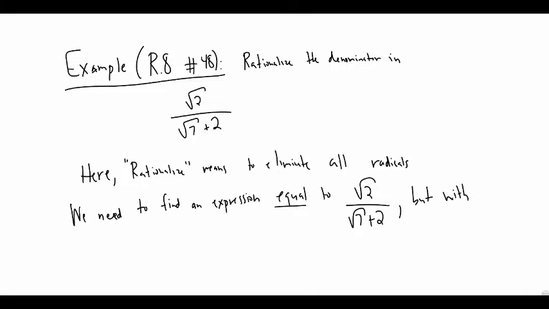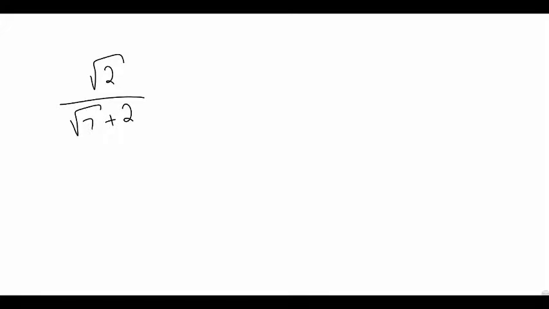It needs to be equal to. Let's see what we can multiply the denominator by to eliminate the radical. Let's just focus on doing that.